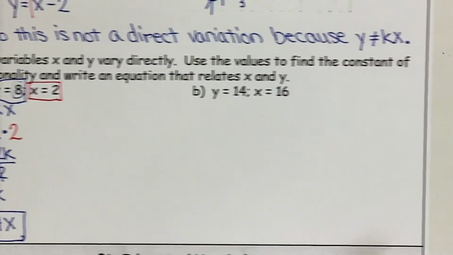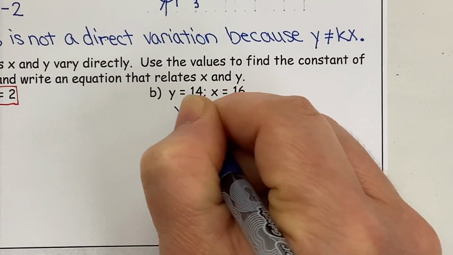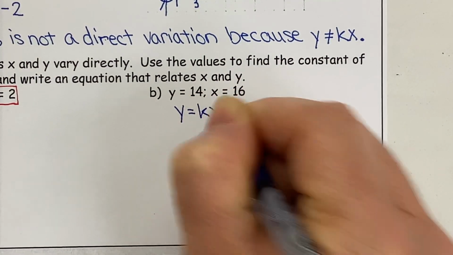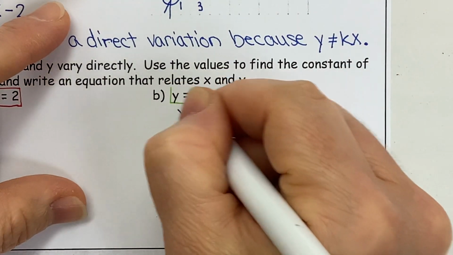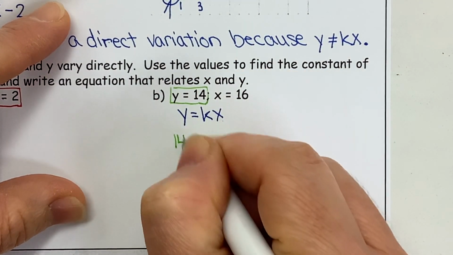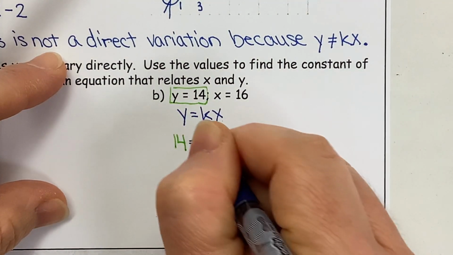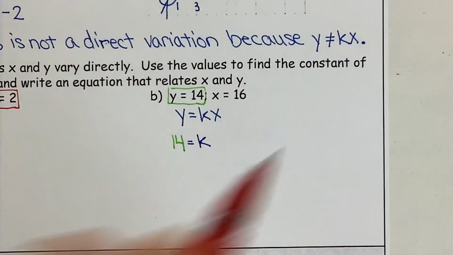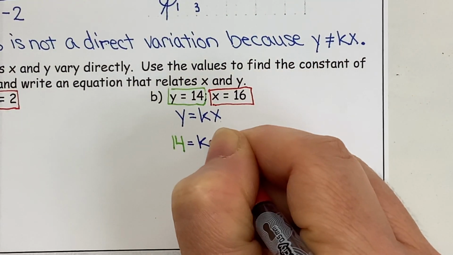All right, and on the next one, let's try this one. We're going to start with y equals kx. We're going to plug in our y value of 14. So I'm going to put that in for my y. And that's going to equal k. And then I'm going to put in my x value of 16.